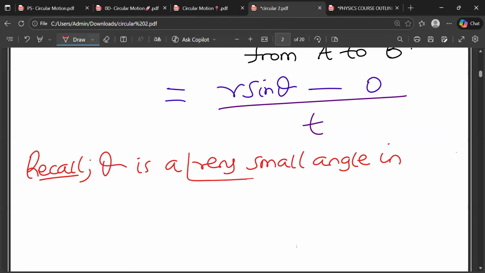For you to measure it in degrees, it's a very small angle. Get your calculators ready and put them in radians.